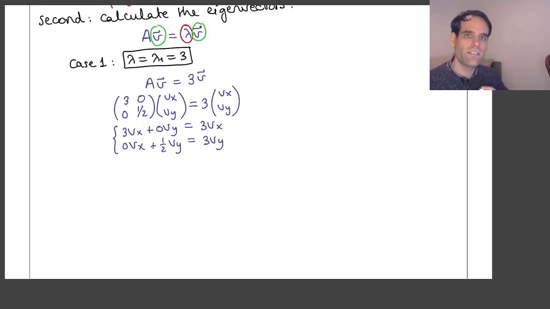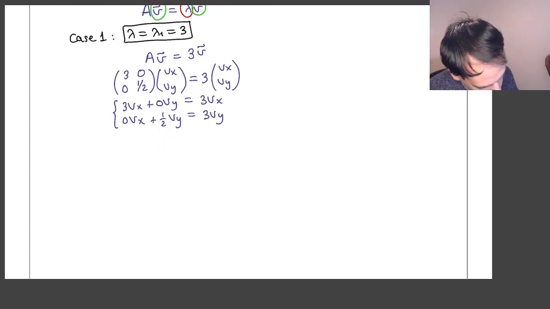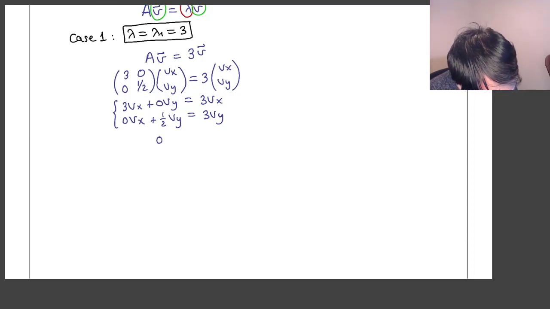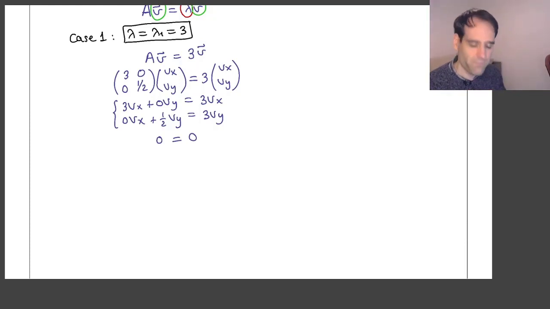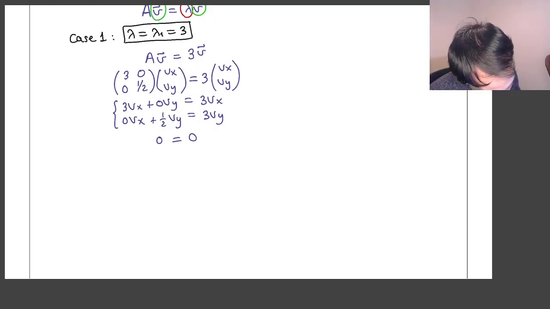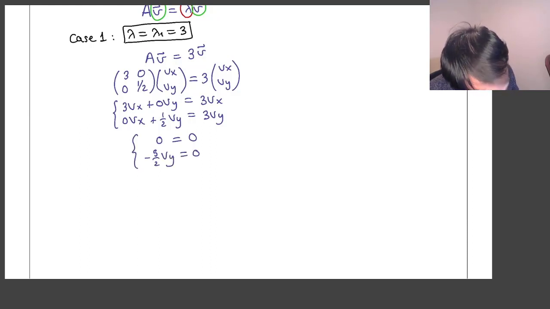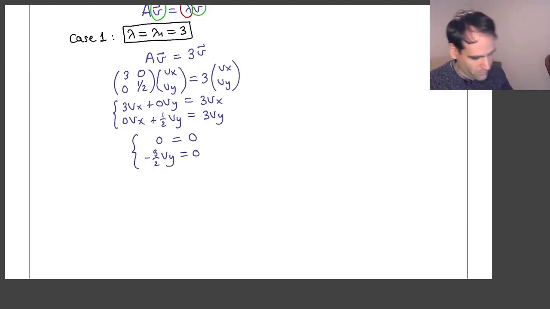Two equations and two unknowns. If we subtract the right hand side on the left for both equations, we arrive at 0Vx plus 0Vy equals 0 as the first equation, and 1/2 minus 3, that's minus 5/2 Vy equals 0.